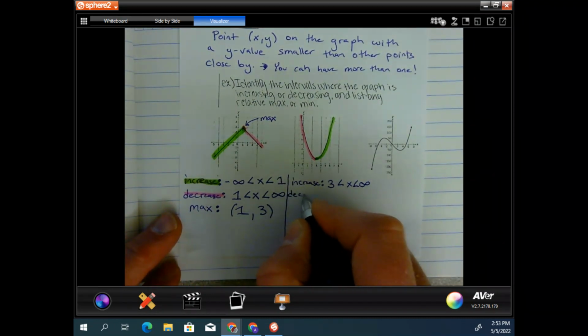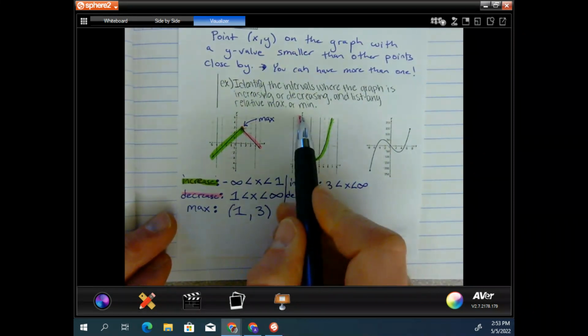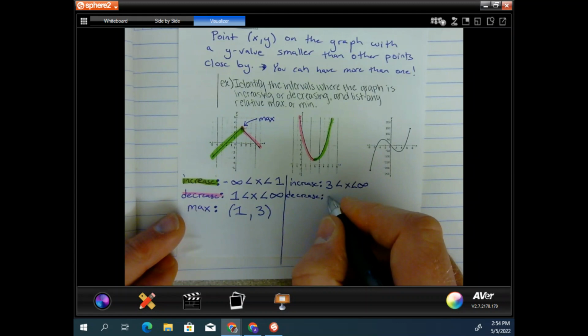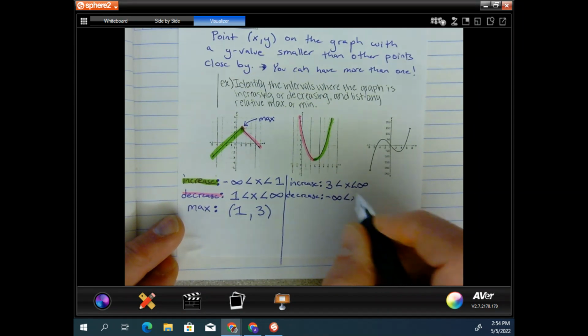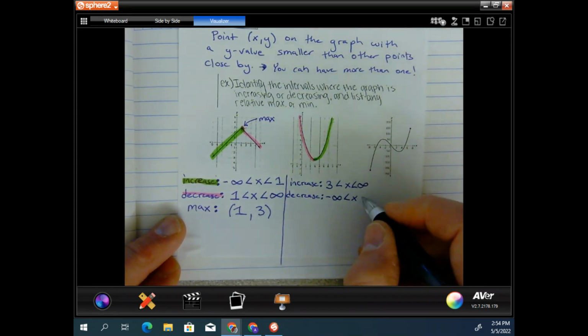It's going to decrease from, once again, an arrow in the negative, so negative infinity, and it keeps decreasing until it gets to 3.